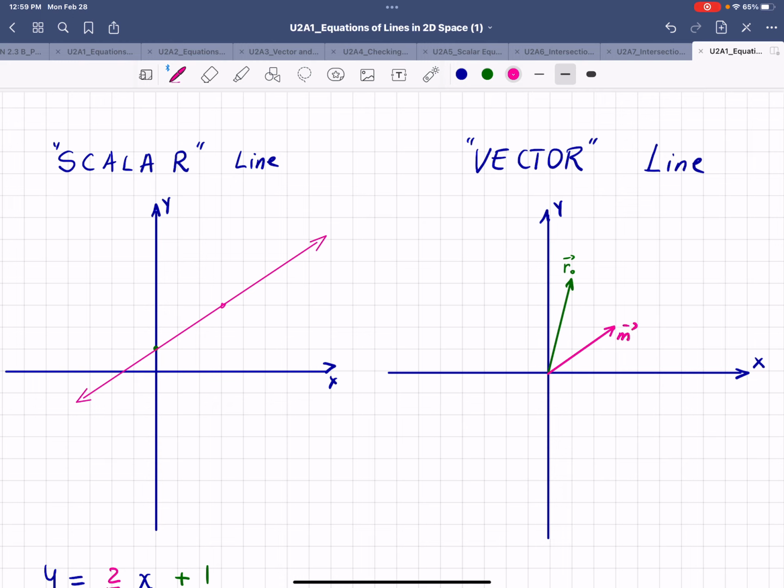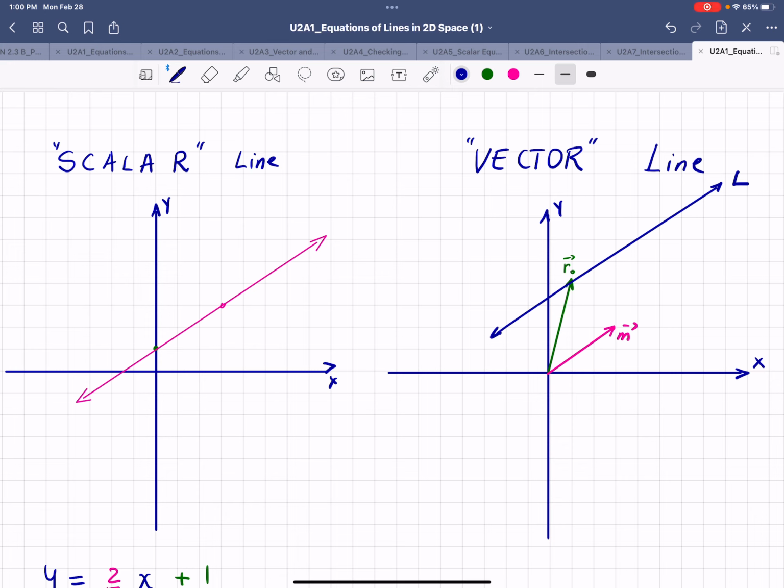To draw a line using these two vectors, a starting and a direction vector, means to draw a line from the head of vector r0 following the direction of vector m. So here we are at the head of vector r0. We're following the direction of vector m. And I will extend the line both ways. And this is what we call the line L.